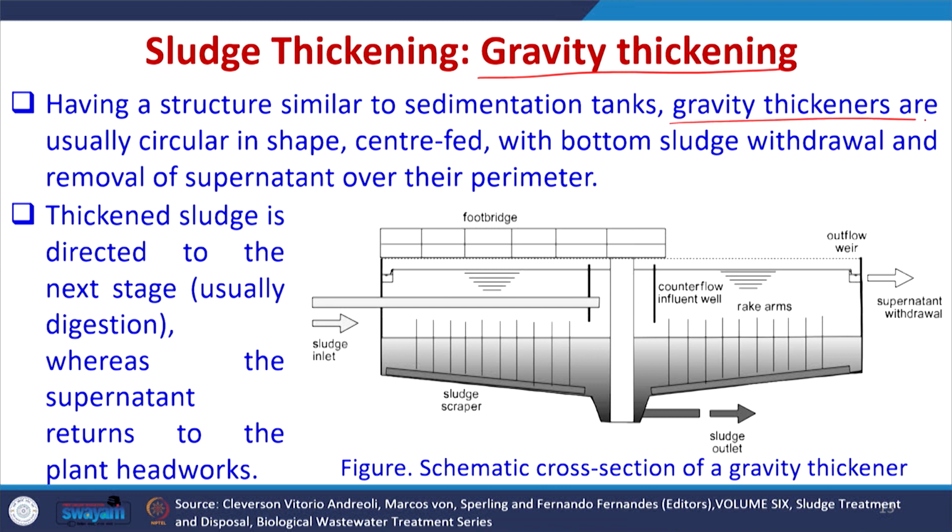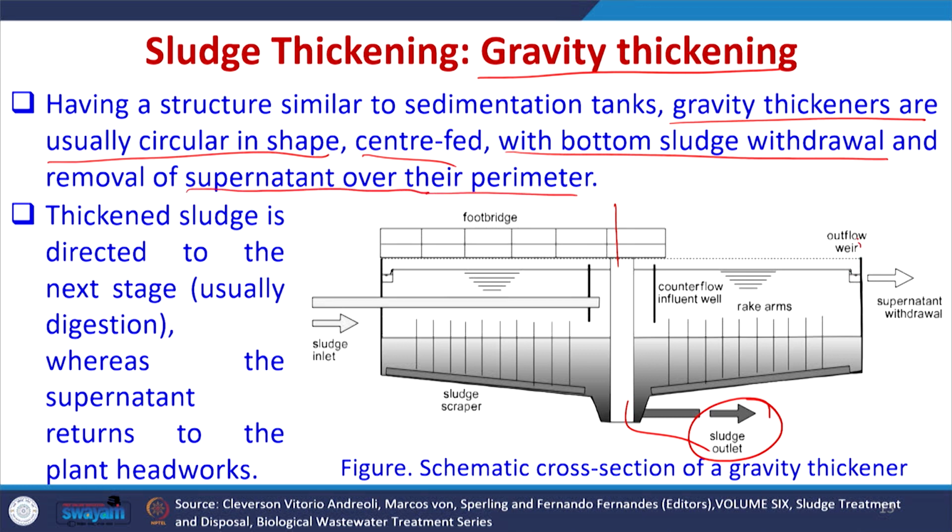Gravity thickeners are usually circular in shape and center fed, with bottom sludge withdrawal and removal of supernatant over their perimeter. From here you can see, this will be circular all around, and the water will be removed from the perimeter. These are characteristics very similar to the sedimentation tank.